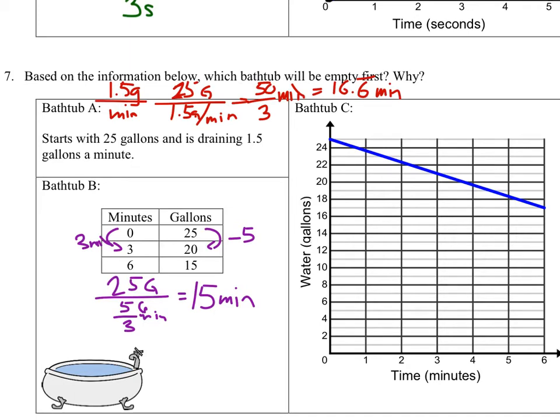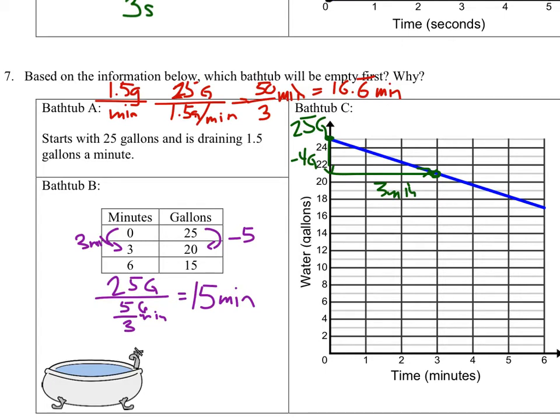And then bathtub C, we can see that this one also starts with 25 gallons. And if we look at the rate, I got this point right here. So it went down 4 gallons in 3 minutes.